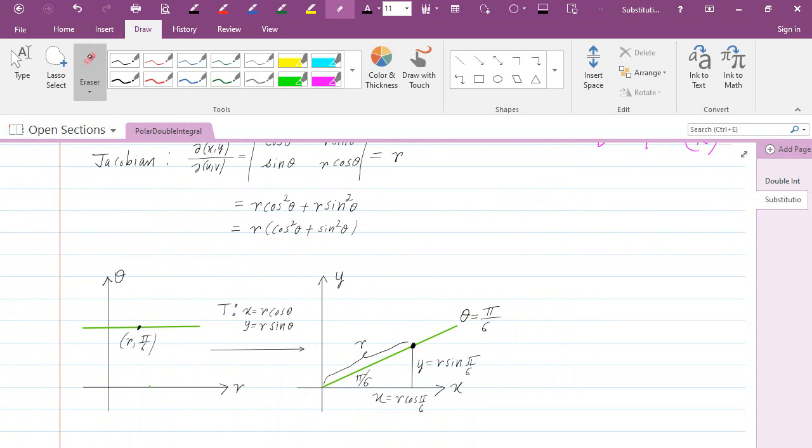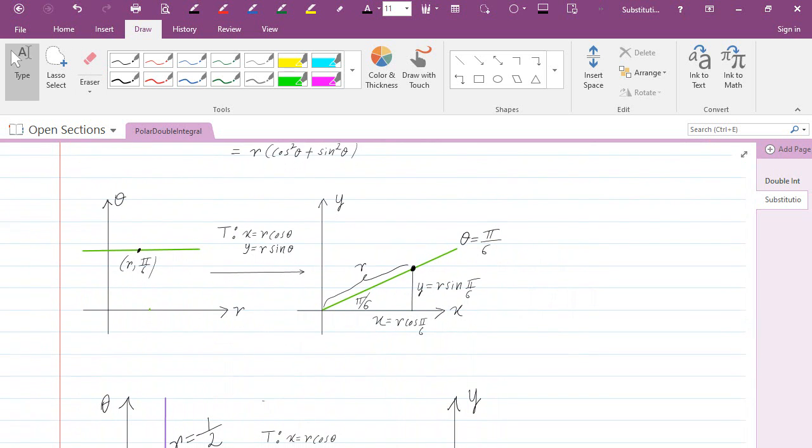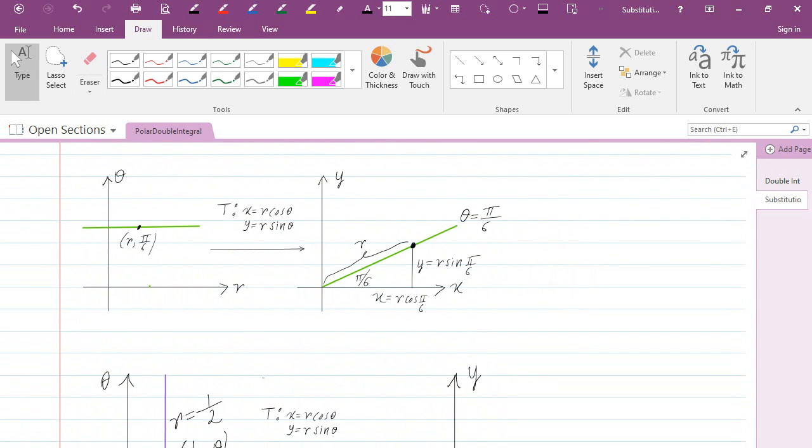Let's see a couple of examples of how this polar transformation works. Say I have this green straight line in the r theta plane, given by the equation theta equals pi over 6.